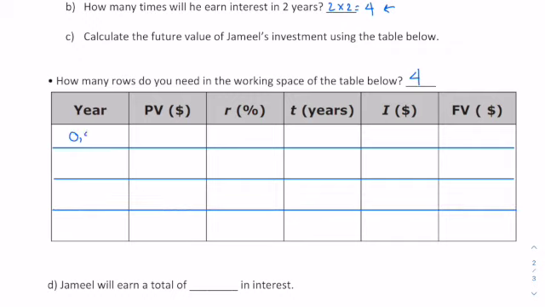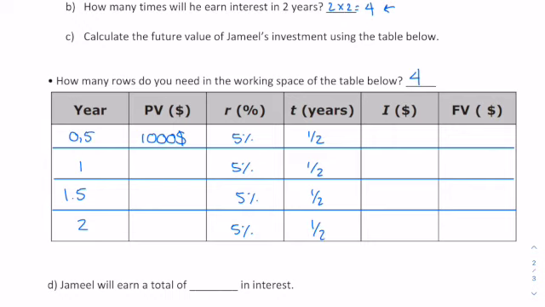Year 0.5, then year 1, then year 1.5, and then year 2. We're starting with $1,000 at 5%. You could fill these all in too, since they're always 5%, and each time it's for half a year. So you can go ahead and pop that in as well.